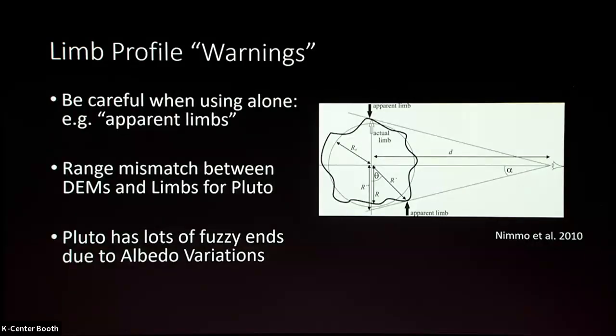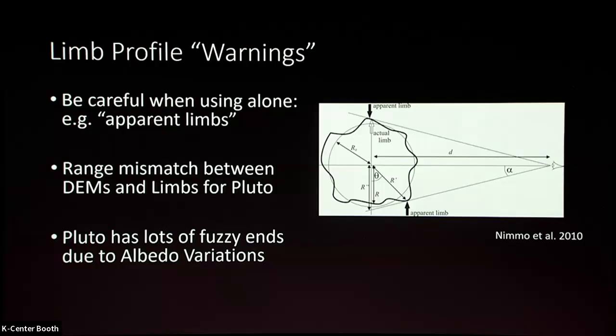However, I also have some warnings when you go out and use this topographic data. Be careful when using it alone. For a good example of why you shouldn't use it alone, limb profiles are biased towards higher elevation. The higher elevation, closer to or further away from the limb, is going to peak out above. And I had to do a lot of work in this paper when I did actually use limb profiles alone, even though I'm warning you not to.